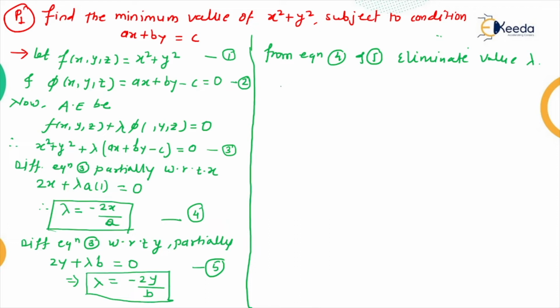So minus 2x divided by a is equal to minus 2y divided by b. Minus minus gives plus, and the 2 and 2 cancel, and therefore y is equal to b by a into x. Now this is the value of y.